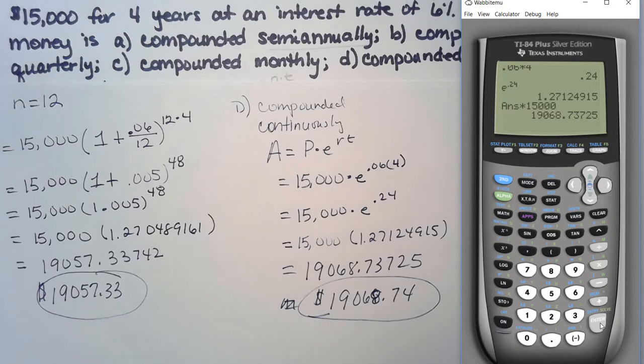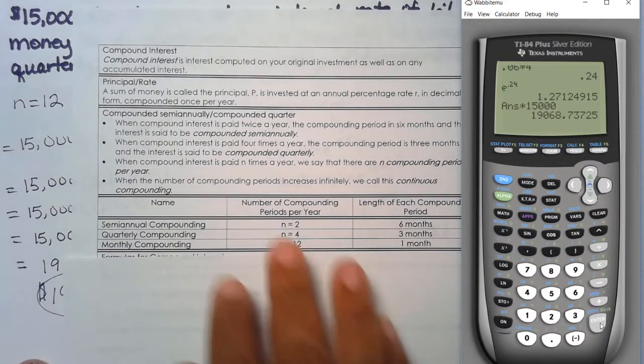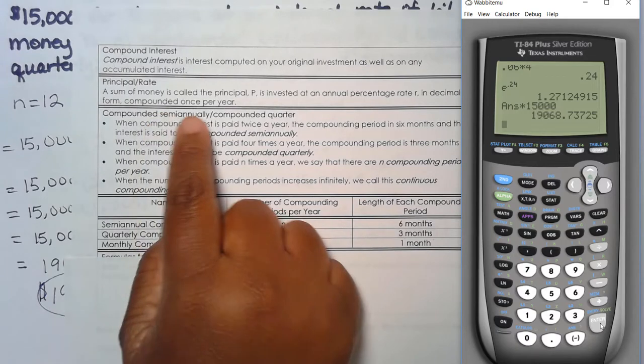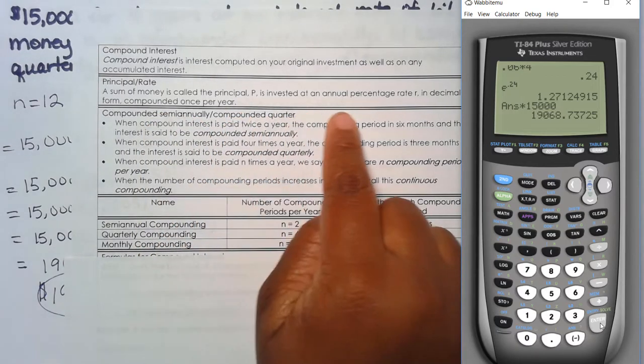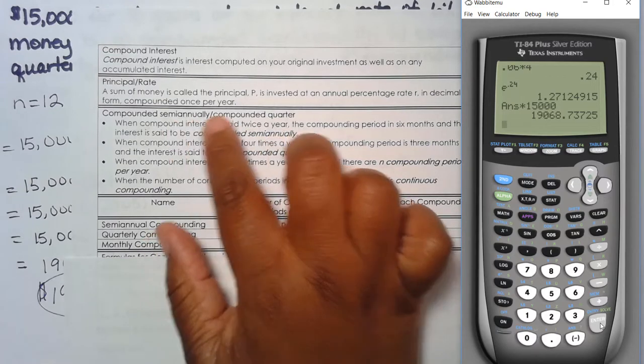Okay, and just to recap, we talked about principal and rate. A sum of money, called the principal, is invested at an annual percentage rate we call R in decimal form, compounded once a year.